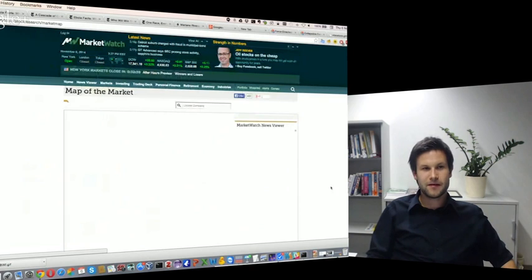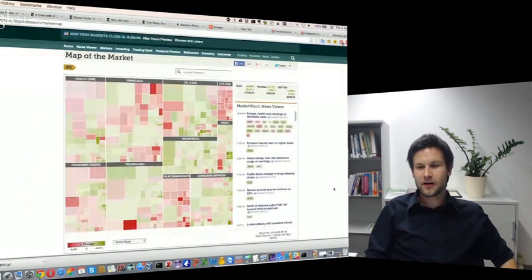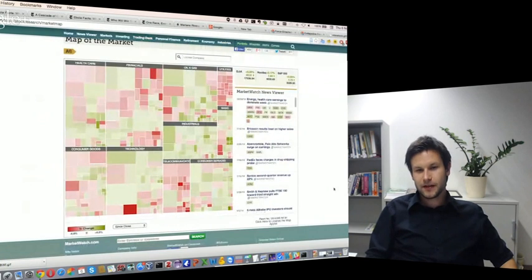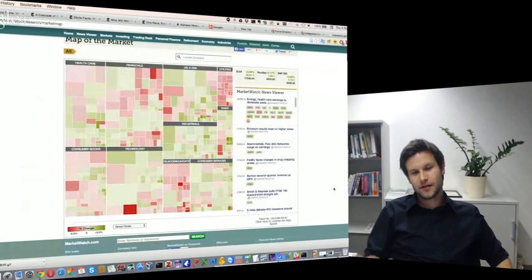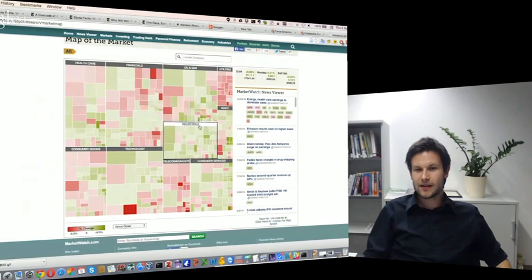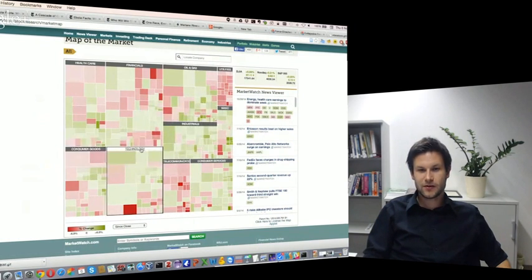It's called the map of the market, and it summarizes to you what happened during the day on the stock market. Yeah, and the hierarchy is the different types of industry, like financial, oil and gas, utilities, telecommunication, technology, and so on.